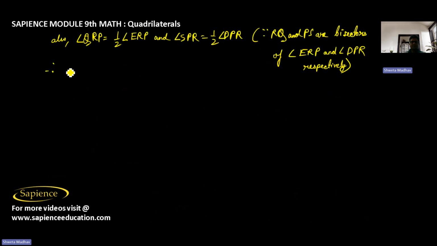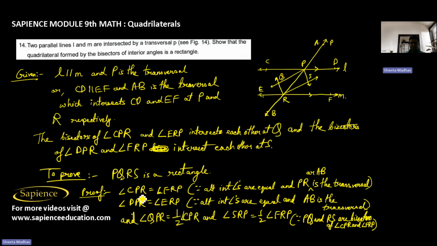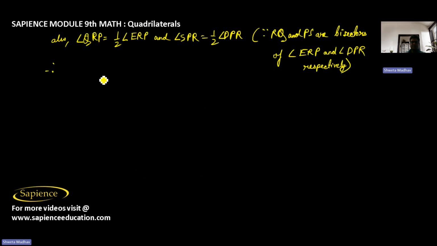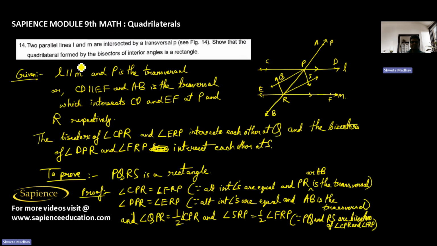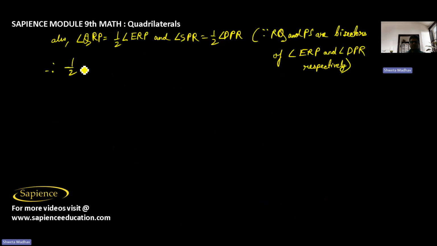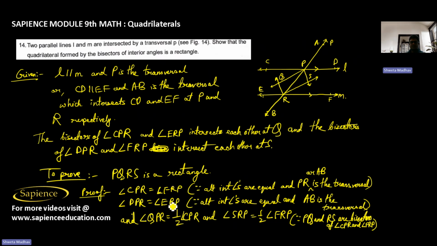So now we have shown that CPR is equal to FRP. So half angle CPR is equal to half angle FRP. Similarly, half of angle DPR will be equal to half of angle ERP.